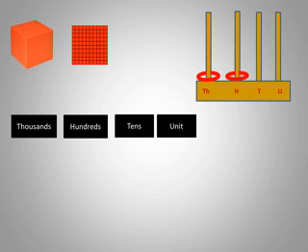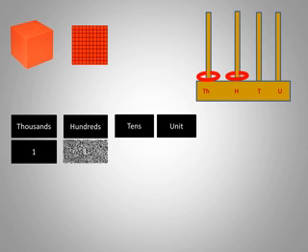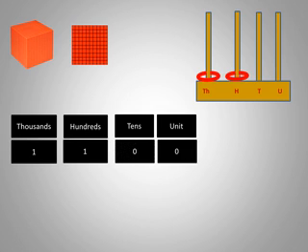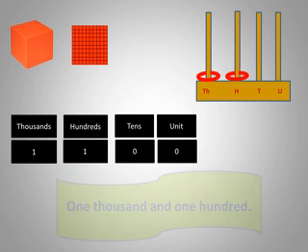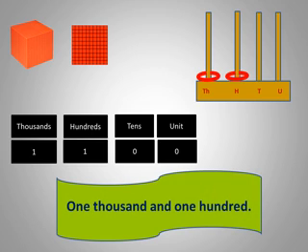So, in the thousands place we write 1, in the hundreds place we write 1, and in the tens and units place we write 0. Now remember, when we read this number, we will take together the numbers in the hundreds, tens and units. And we read it as 1100.